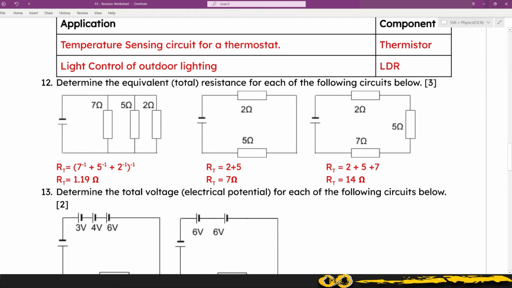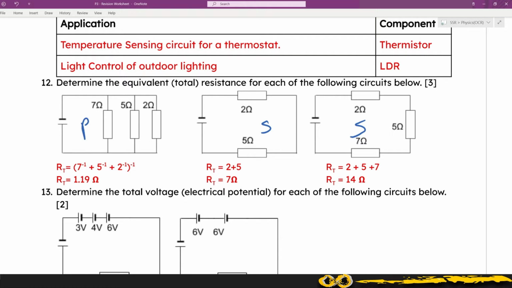When you're adding up your equivalent or total resistances, remember to determine first if the circuit is in series or parallel. In this case, we had parallel and then series for both of the others, and so we did have to use the parallel rule for adding up the resistance in a parallel circuit.